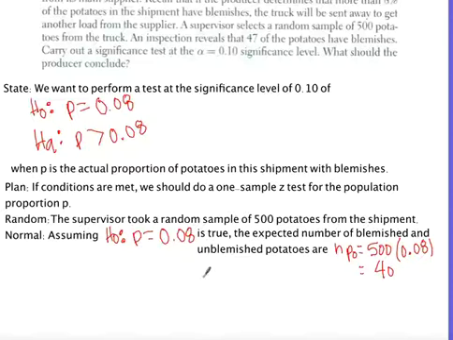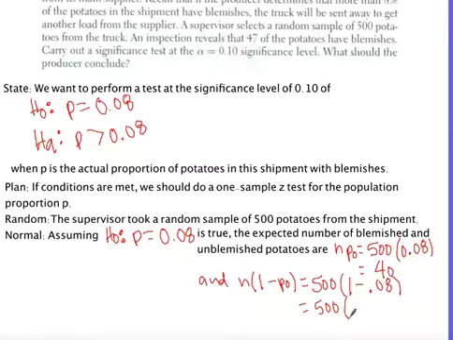We also have to check that n times 1 minus p0 is greater than 10. So we had to check to see that this was greater than 10, definitely 40 is greater than 10, so now we're going to move on to the next part. And so that would look like 500 times 1 minus 0.08, so that would look like 500 times 0.92, which is equal to 460.